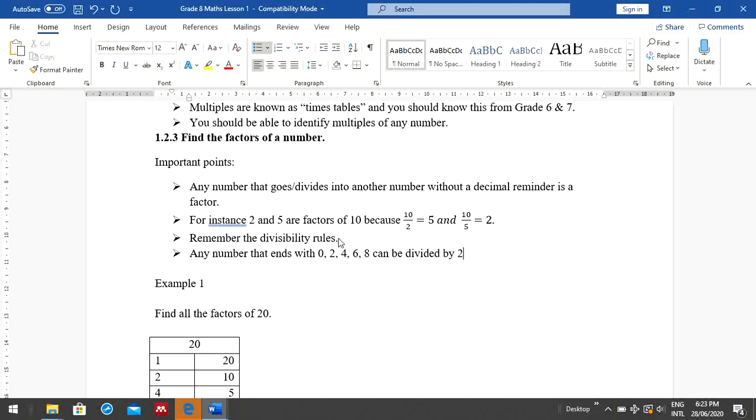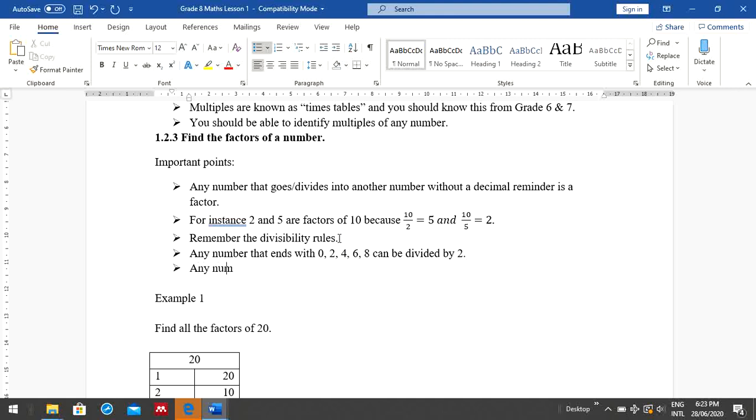And then we can also say that any number that ends with 0 or 5 can be divided by 5 without any decimal remainder.